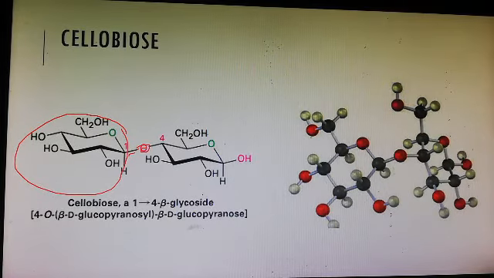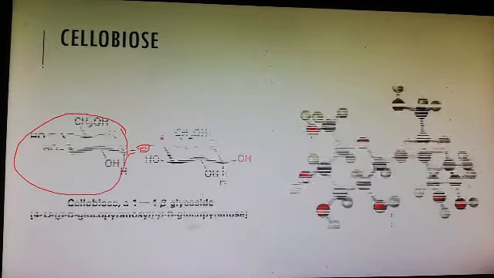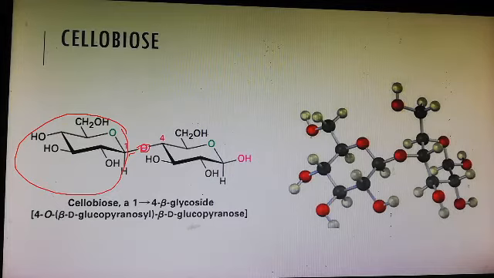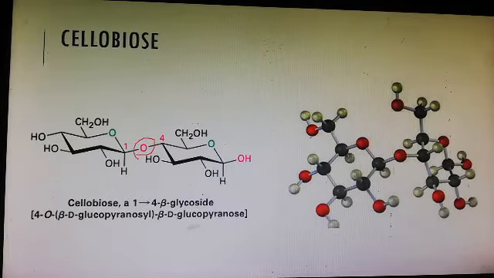Mapapansin nyo na may mga similarities ang structure ng ating maltose at cellobiose. But cellobiose and maltose have dramatically different biological properties. Ito, mapapansin nyo, ang cellobiose ay naka-beta.